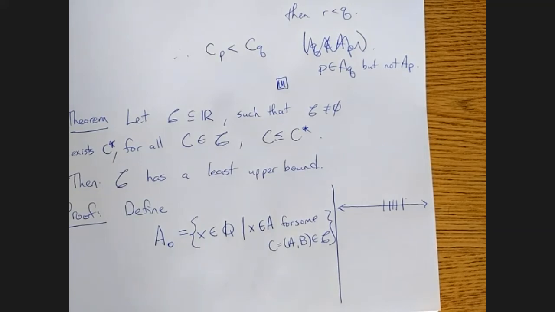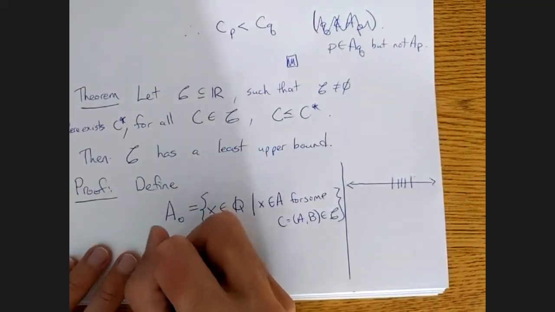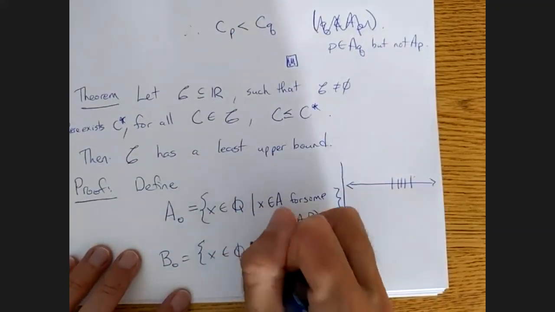That'll be A naught. And define B naught to be those rational numbers not in A naught.